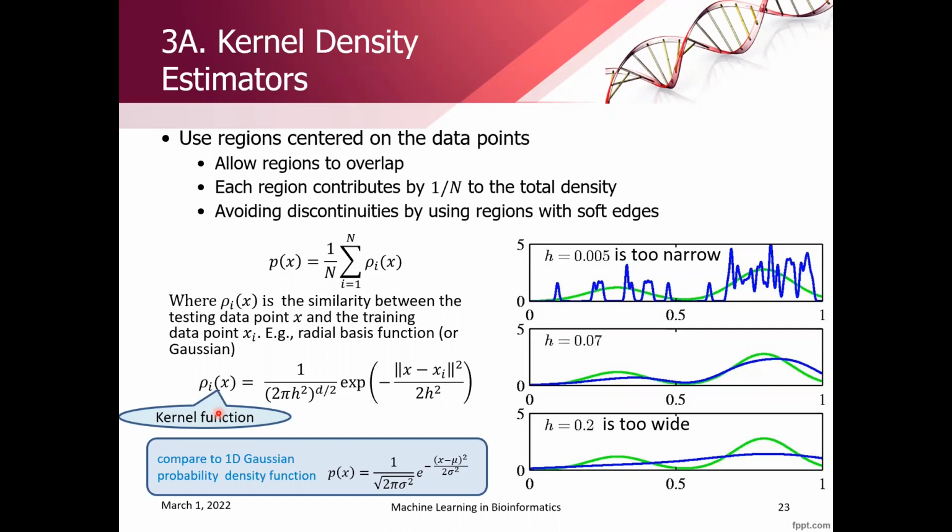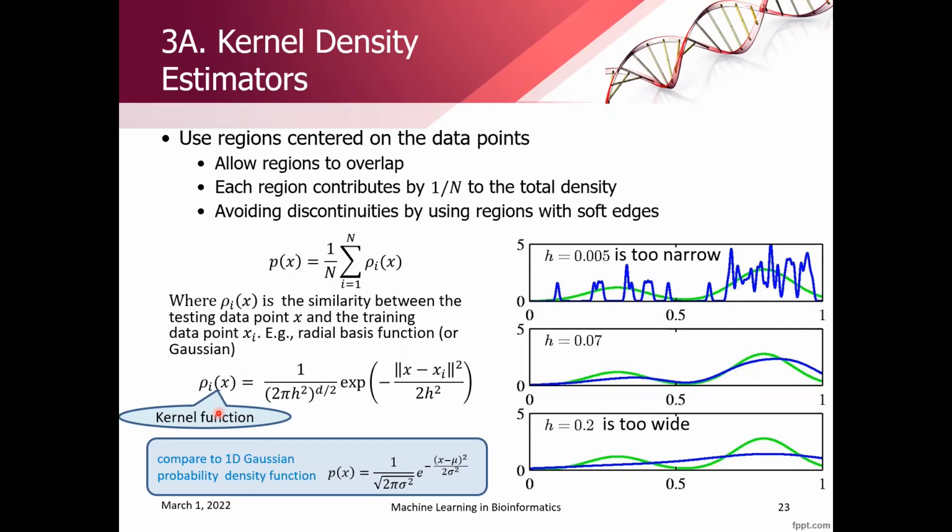So the density should be highest at the point and smaller farther from the point. So for this point, the density function could be, for example, a bell-shaped curve with the area under the curve equal to 1, if we had just one.